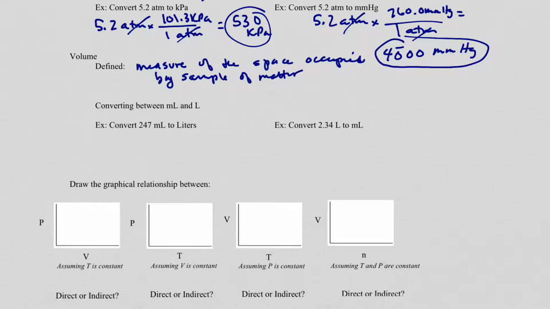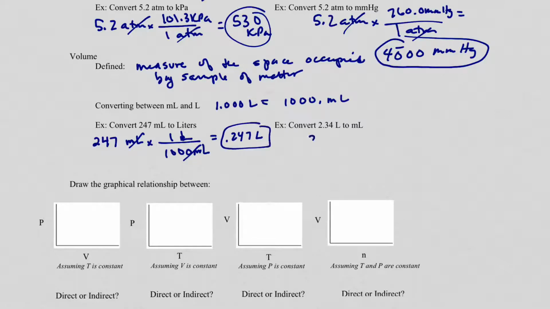Converting between milliliters and liters, you need to know that 1 liter is equal to 1,000 milliliters, and we'll be using that to convert 247 milliliters using a conversion fraction where 1,000 milliliters is on the bottom and 1 liter is up top. So you can see here that 0.247 liters is the answer there.